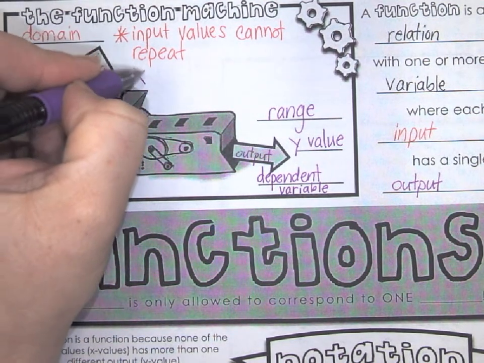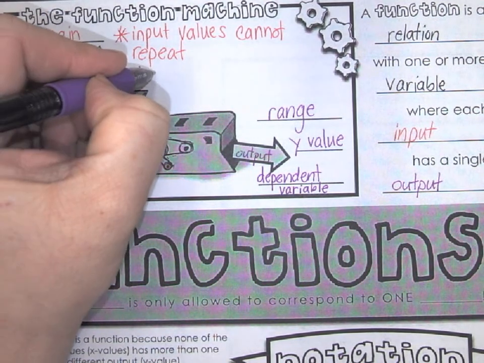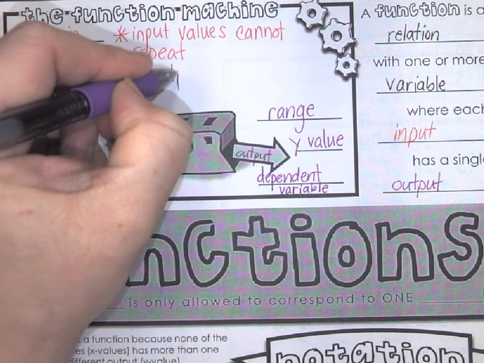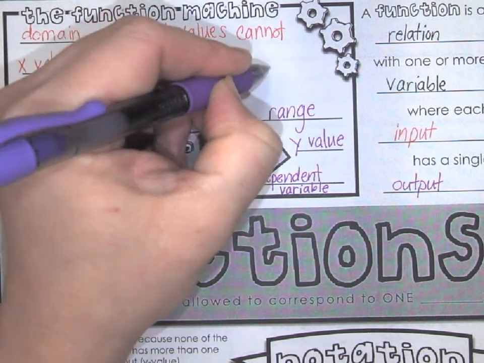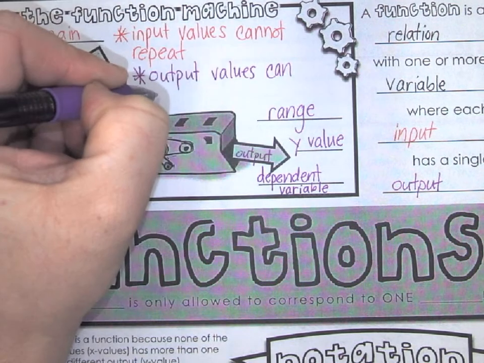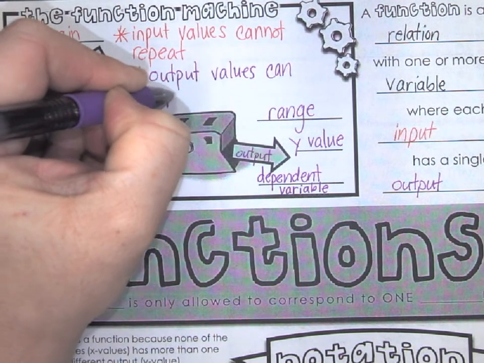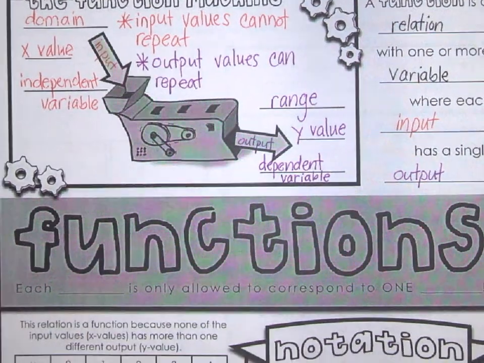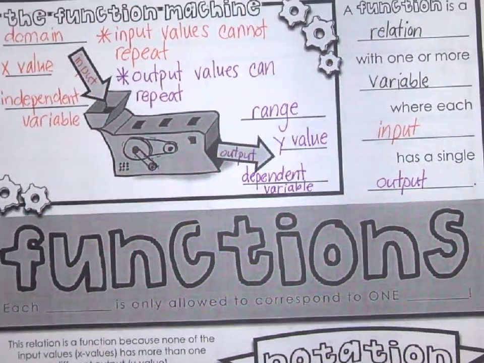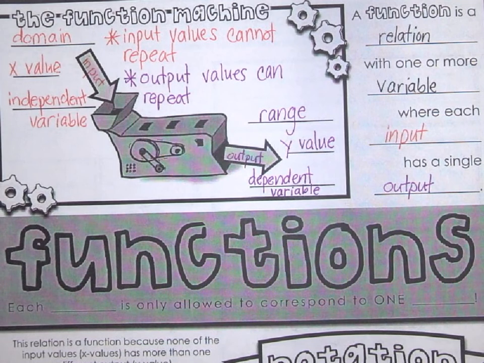The output values can repeat. So this is a little bit confusing sometimes, but the output values can repeat. Okay. So those are the different terms we're going to be using when we're talking about functions.